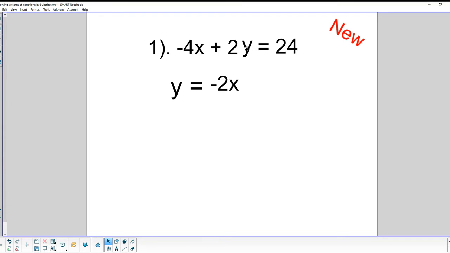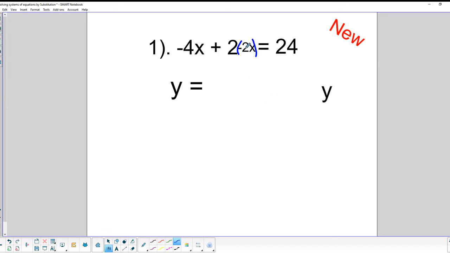So let me show you how that works. So we're going to basically move the y out of the way, and we're going to put negative 2x in its place up here. And we've got to remember to go ahead and put some parentheses around it so that when we multiply it, we'll know exactly what we're doing.